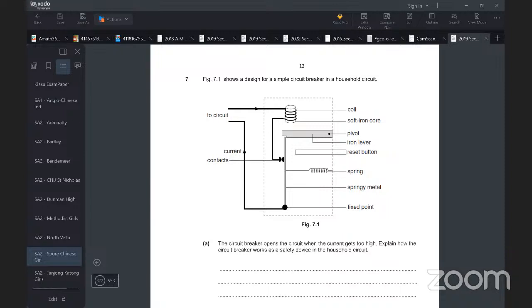So if you don't understand how this simple circuit breaker works, which doesn't look simple at all, frankly speaking, you can either skip or you can practice reading it. This is a good practice. And the electricity and magnetism topics in Sec 4 provide a lot of opportunity for this kind of unfamiliar diagram.